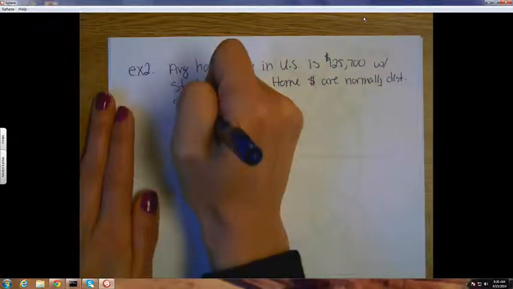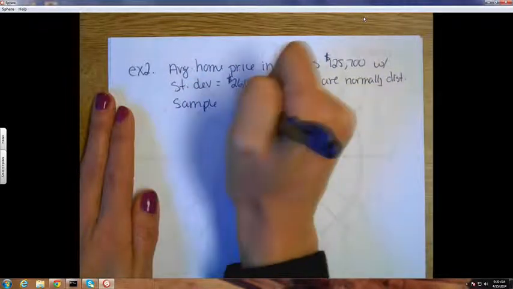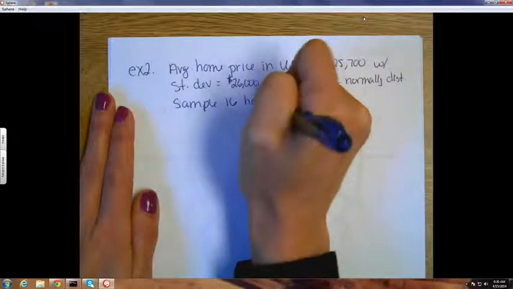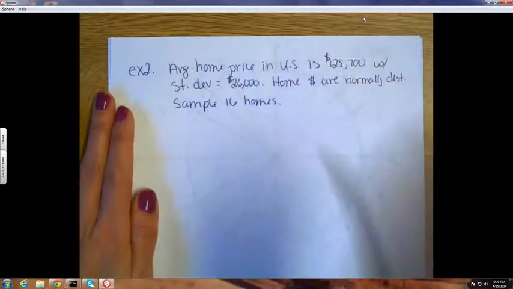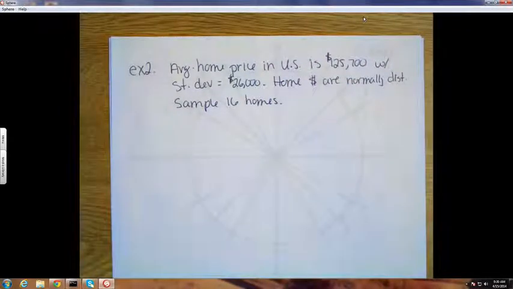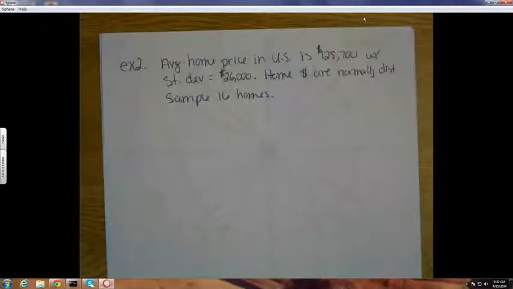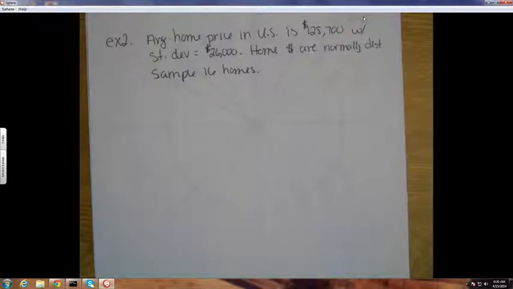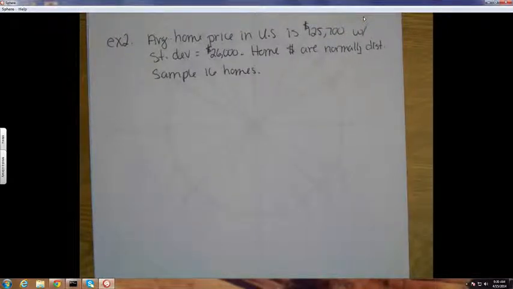You are going to take a sample of 16 homes. And then we're going to ask you some probability questions. A probability question. Okay. I like to have a graph of the population that it's coming from and then the sampling distribution. What do I know about the population shape?